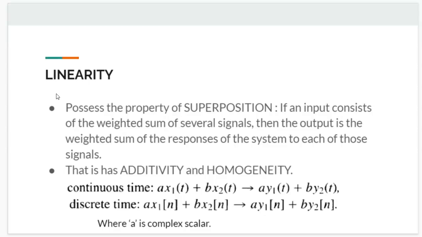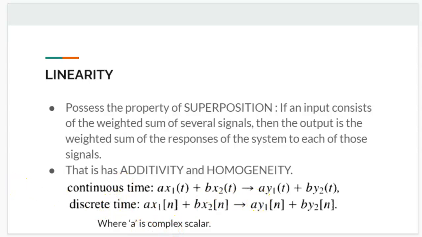By additivity you mean that if you give x1 plus x2, and each of them individually produces y1 and y2, then if you combine them, the results also combine, so it should give y1 plus y2. Homogeneity is basically the scaling factor. If you give a times x1, then the output should correspondingly scale and give a times y1. These are the defining equations mathematically put for continuous time and discrete time, where a can be a complex scalar, that is to be noted.